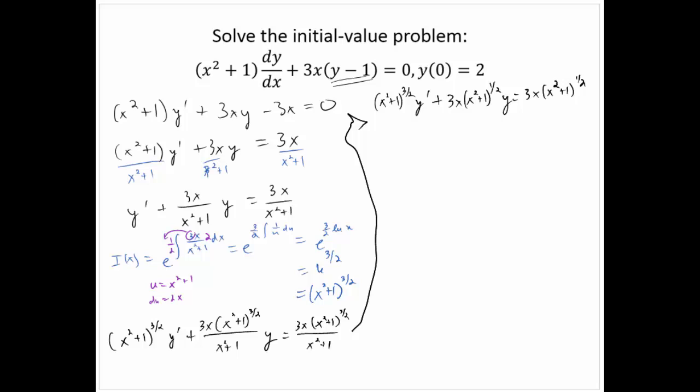The left-hand side is the derivative with respect to x of x squared plus 1 to the 3/2 times y. So let's integrate both sides.